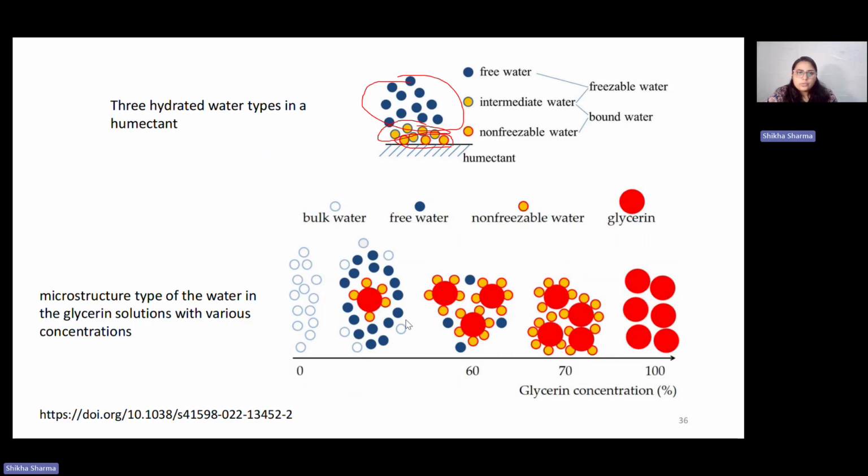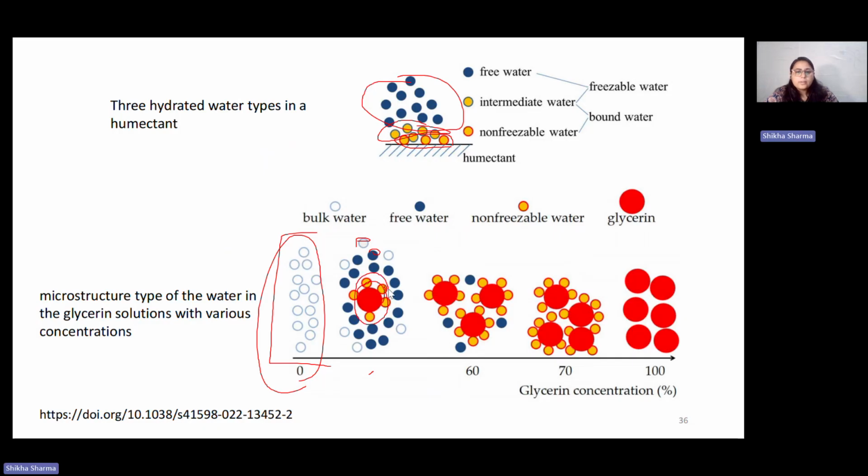And this is the microstructure of the water in glycerine solution at various concentrations. When there is 0% glycerine, the water is free and bulk water. This is the free water and this is the bulk water. And this is the non-freezable water.